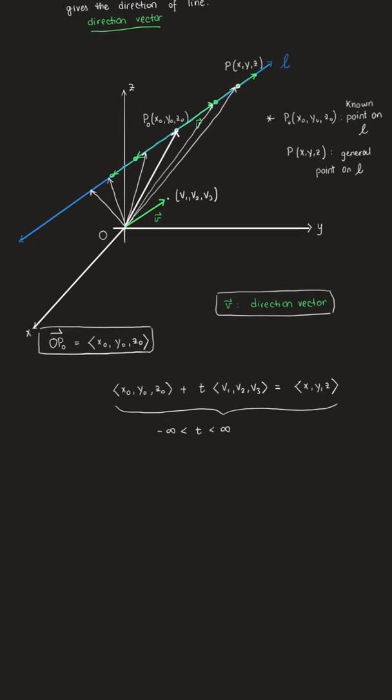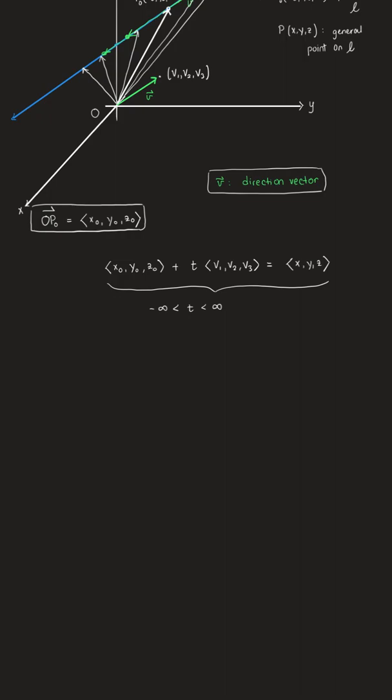So let's continue working on this a little bit more. For our vector equation for the line, remember the things that are given to us are the vector v, the direction vector that tells us the direction that our line is headed in, and a point, let's call it p sub 0, and I'm going to give that a vector name.